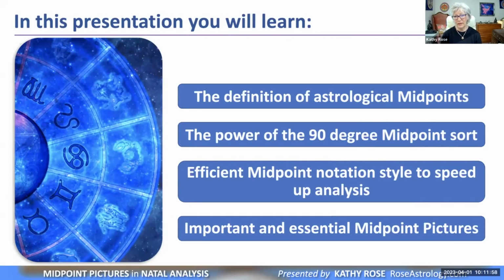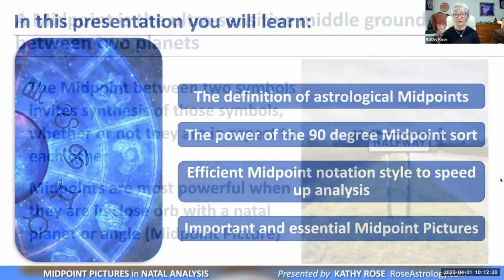I'm going to share some efficient midpoint notation styles because I am a big fan of making your notation style consistent. It will speed up your brain because your brain gets used to it. And then I'm going to share some of the most important and essential midpoint pictures. So we have a lot to cover.